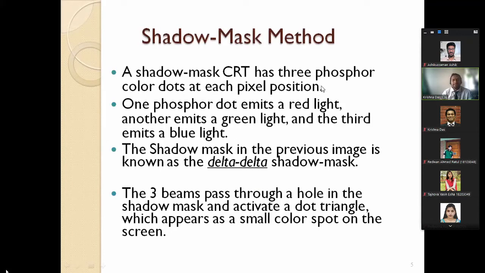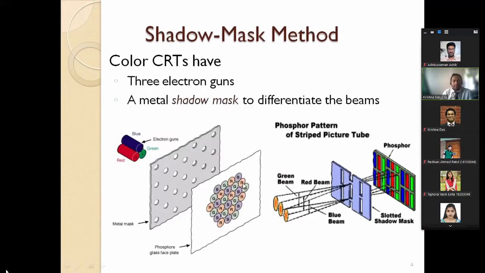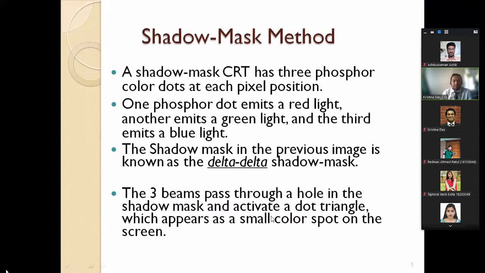And the CRT has 3 phosphor color dots at each pixel position, and one phosphor dot emits red light, another emits green light, and the third emits blue light. We know it, and it's also called the delta shadow mask, because these 3 beams pass through a hole in the shadow mask and activate a dot triangle. It can create a dot triangle, which appears as a small color spot on the screen.